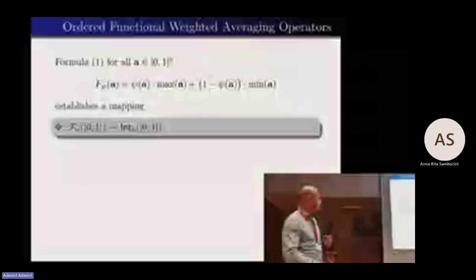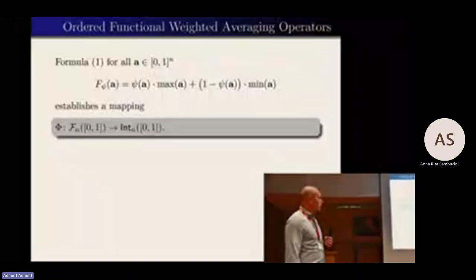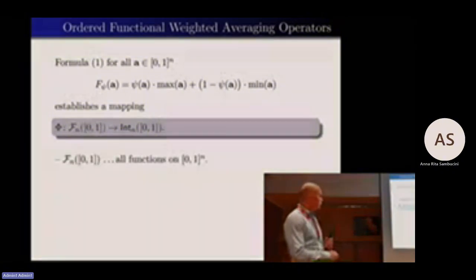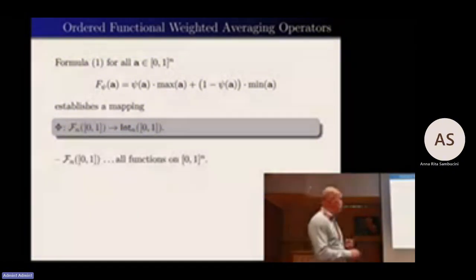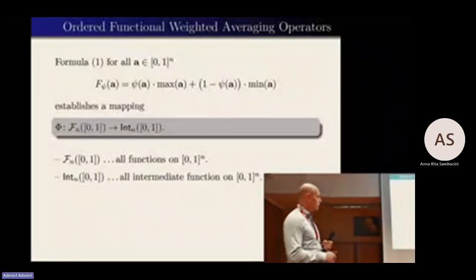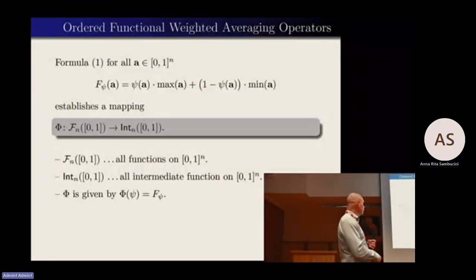And what was our main aim? This representation established a mapping from the space of all functions which are defined on the 0, 1 cube to the class of all intermediate functions which are defined on this 0, 1 cube.